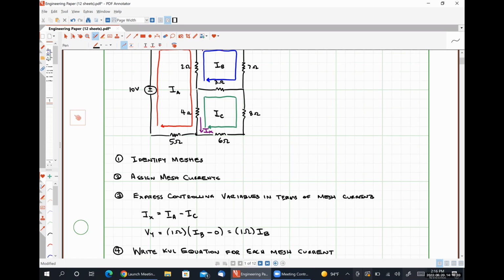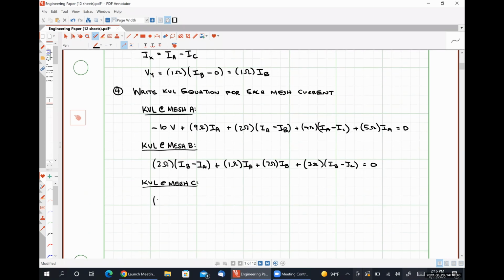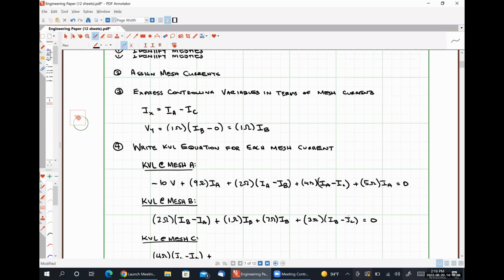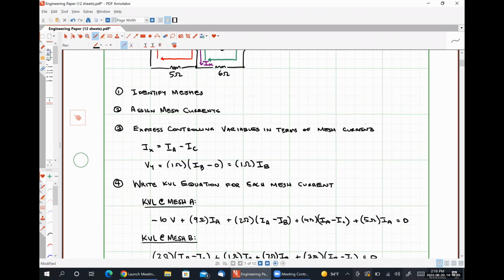So we're going to see 4 ohms times IC minus IA. Next, we see our 3 ohm resistor. So we're going to have 3 ohms times IC minus IB.